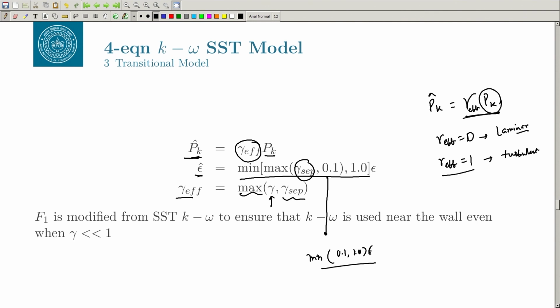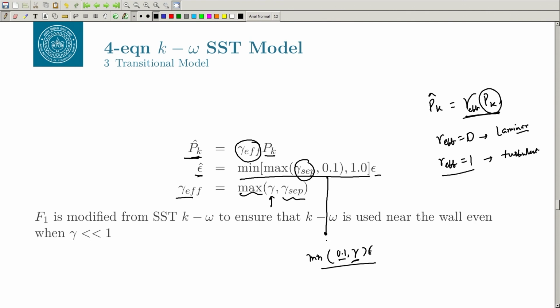So, what it does basically, no, this is incorrect, it cannot be minimum 0.11. That has to be gamma somewhere. So, maybe it will be some function of gamma. So, the dissipation is also controlled by gamma.